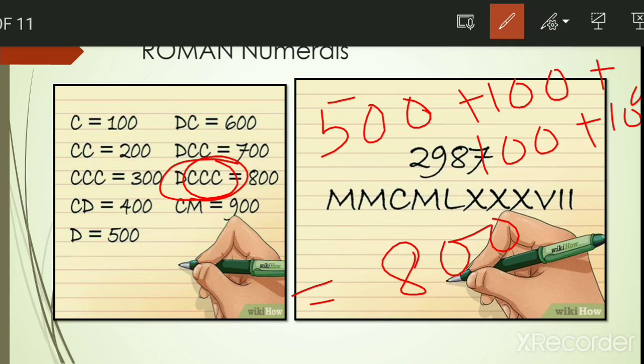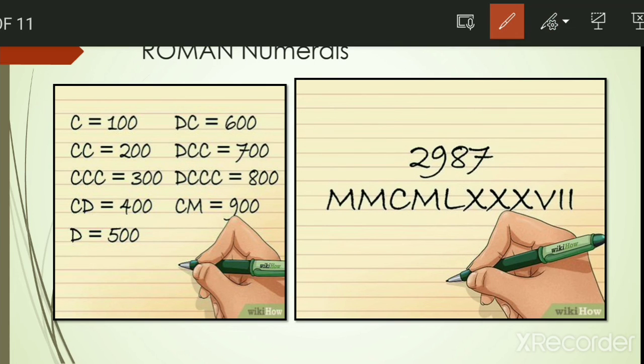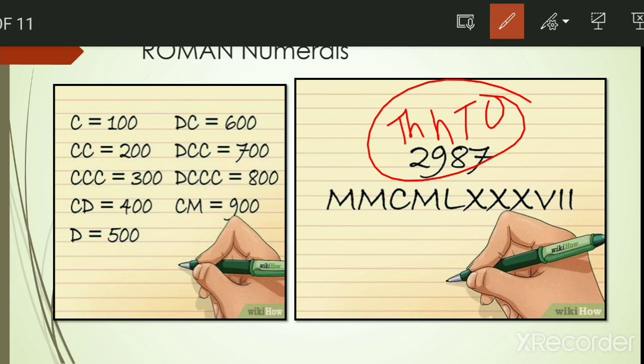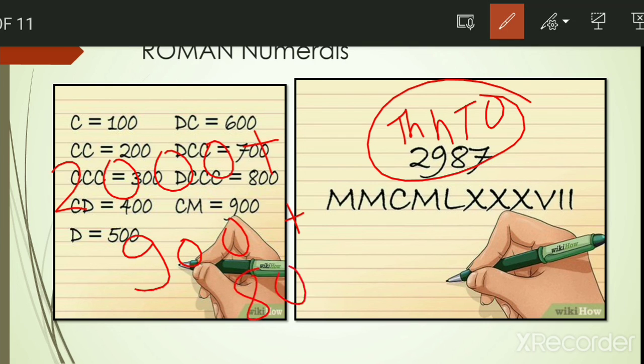So I hope this is clear. Now let's see the example. This is 2987. So let's break it. 2000, then 900, then 80 and 7.